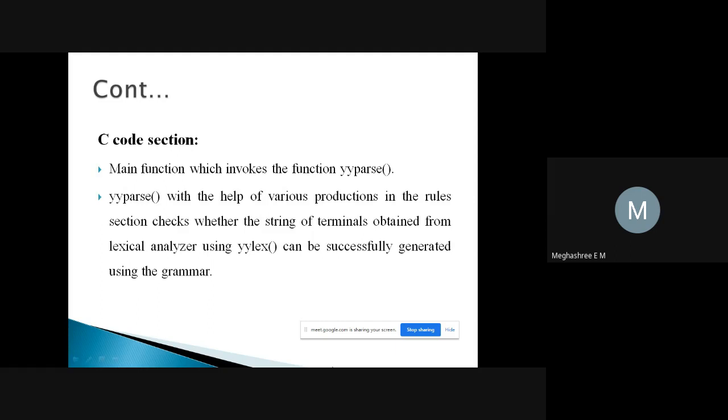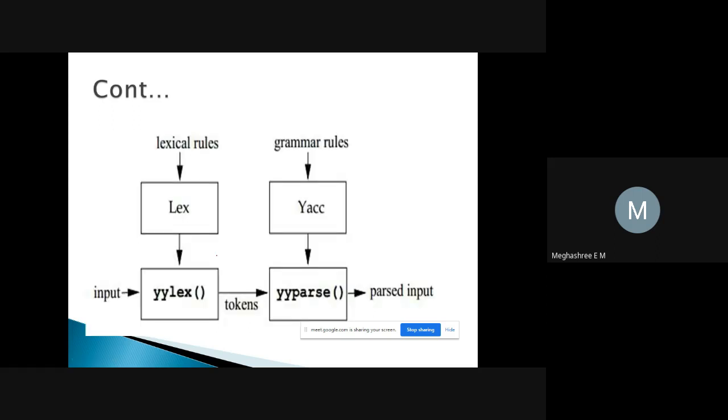So what does this yyparse function do? When yyparse is called, it checks the productions that you have written under the rules section, and while checking the production, you have to refer to the tokens generated by the lexical analyzer. Let me consider this diagram, then you will understand the working of yyparse. So consider this.